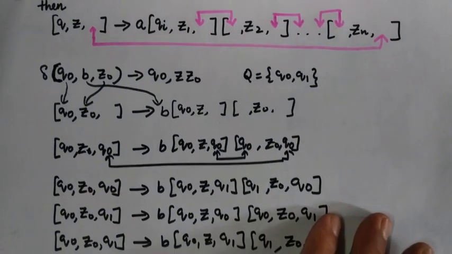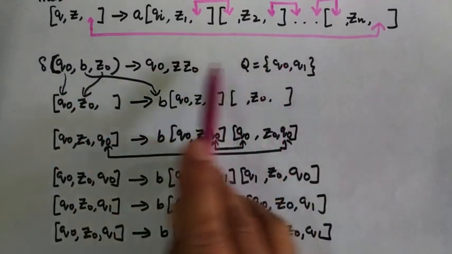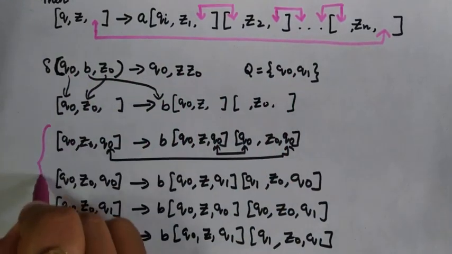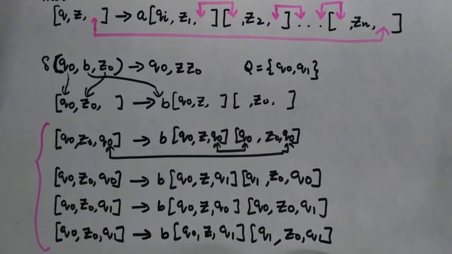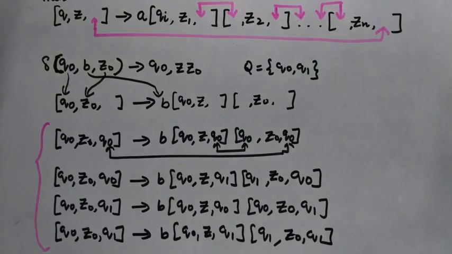So if this is the transition rule given in the PDA, we will get these 4 production rules corresponding to this transition rule.